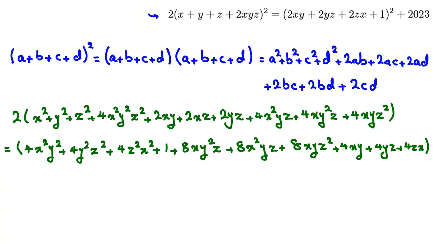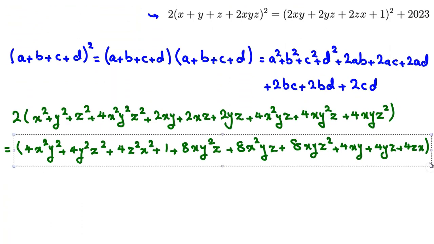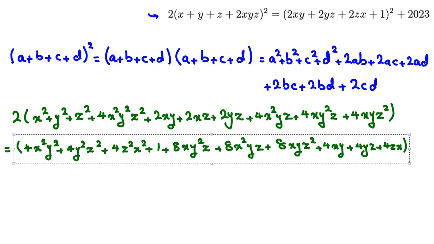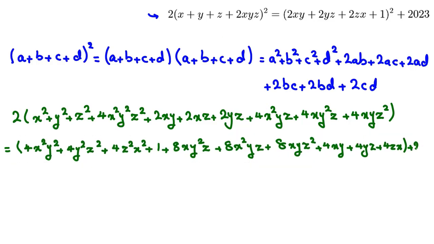So let me minimize it, to have more space. Plus 2023. Now, let's cancel the common terms. 2 times 2xy is 4xy, and here we have 4xy. 2 times 2xz, we have 4xz, here 4zx. 2 times 2yz, 4yz, 4yz.